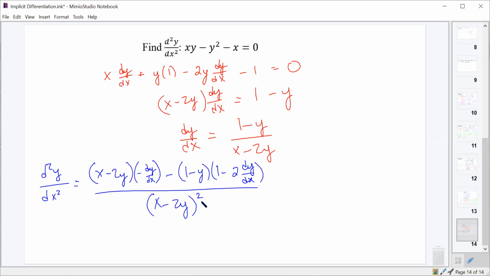Good or no? Good. And all we have to do is replace the dy dx's, not with 0 this time, but with our value for dy dx, which was 1 minus y over x minus 2y.